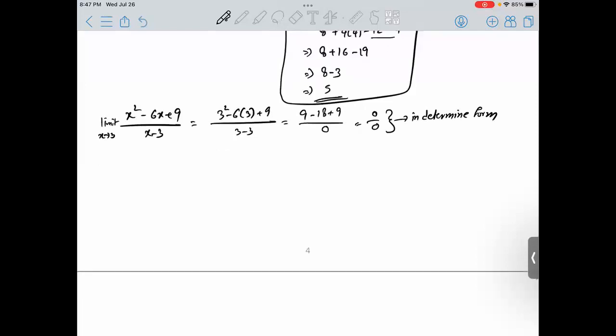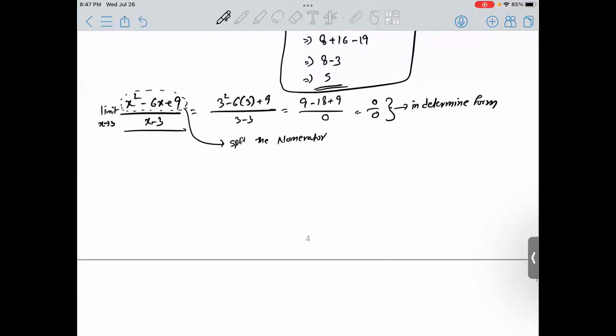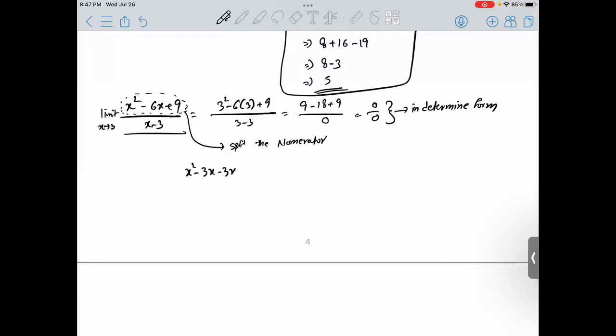So what we will do is split the numerator. x square minus 3x minus 3x plus 9 divided by x minus 3 equals x into x minus 3 minus 3 into x minus 3 divided by x minus 3.